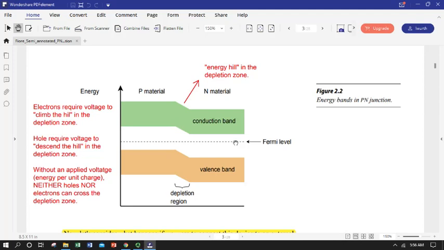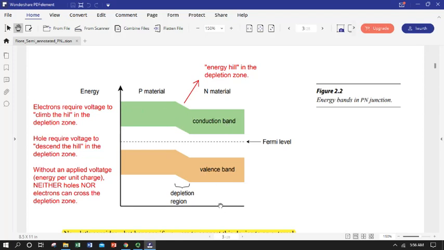There isn't a big break in it or it wouldn't work. So what has shifted are the actual energetic positions of our conduction and valence bands, and that's shown here in the diagram. As we go from the P material to the N material, the energy of the valence band actually shifts down, and the same with the conduction band.